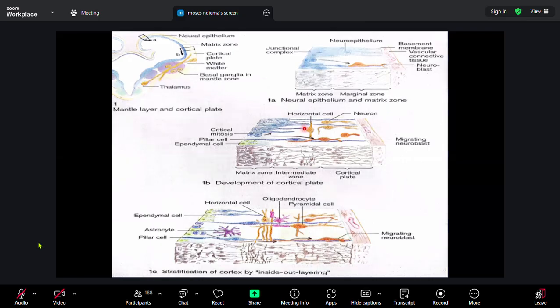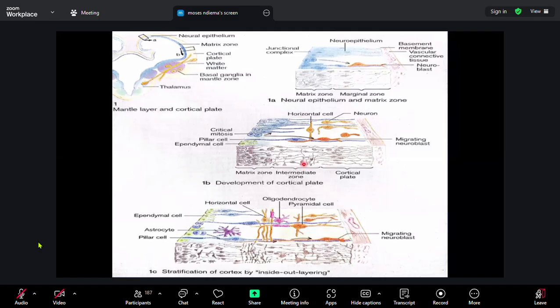Differentiating cells, just like what we had in the case of the spinal cord, with the processes extending. So we had initially a matrix zone and a marginal zone where the processes were extending, but now we create from that an intermediate zone.